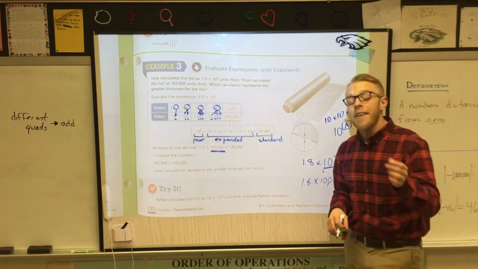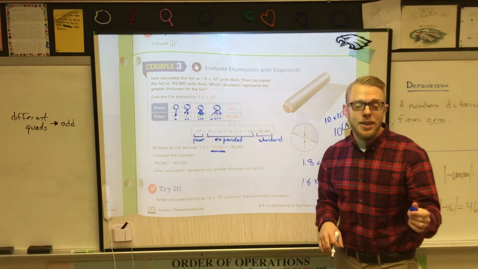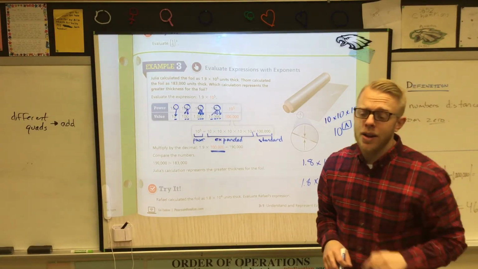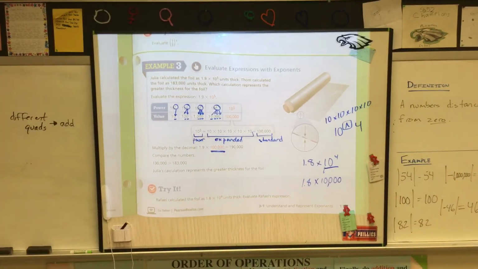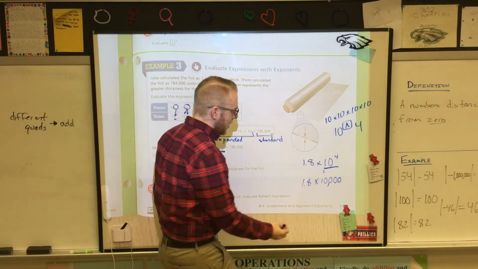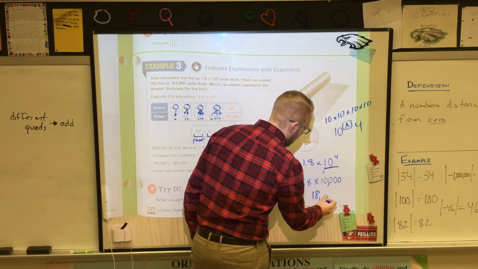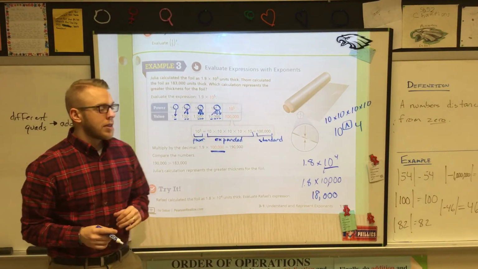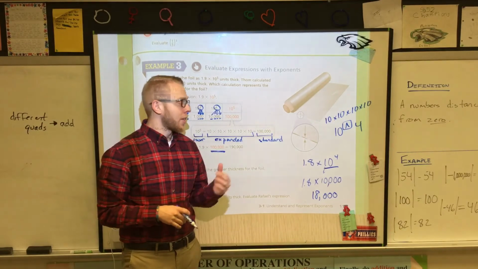So if you haven't gotten this far, take a second to figure out what that answer is using your calculator, or maybe just your mind. Hopefully you recognize that that is equal to 18,000 for Raphael's calculated answer for the thickness of the foil.